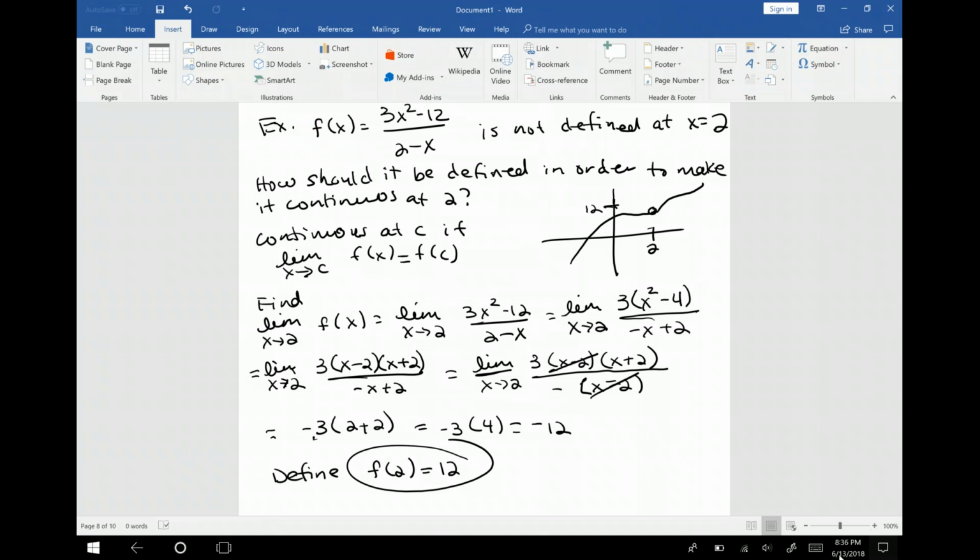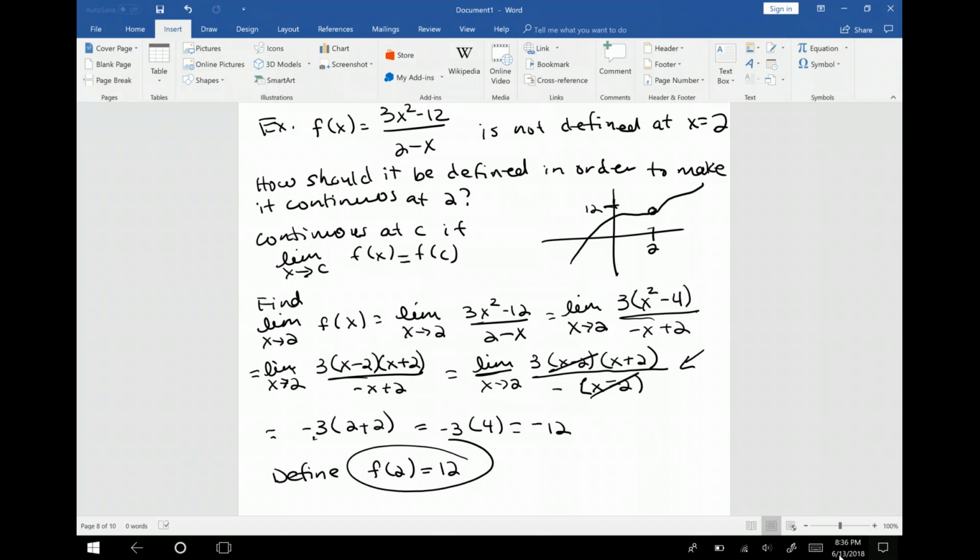And so just at the very end there, you did lose me. When you worked it through algebraically, it's a negative 12. Did you do anything else to define f of 2 as a positive 12? No, so when I got to this point, I just plugged 2 into that function.